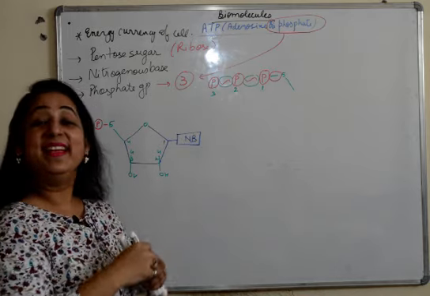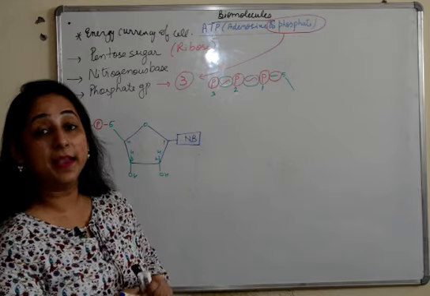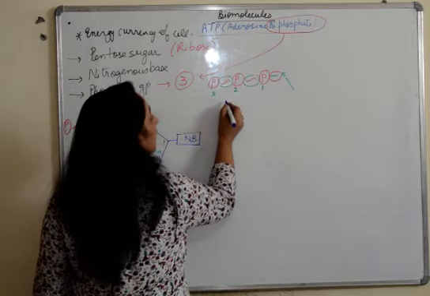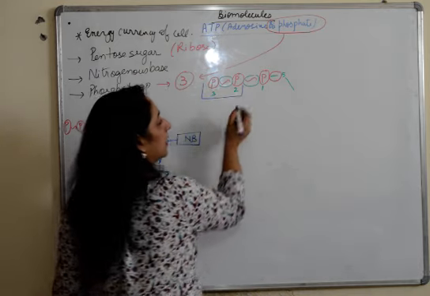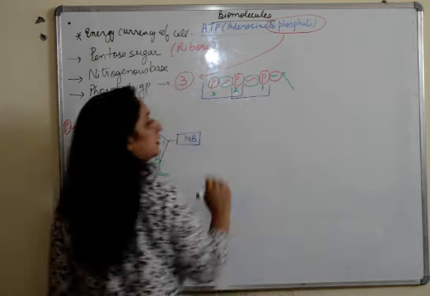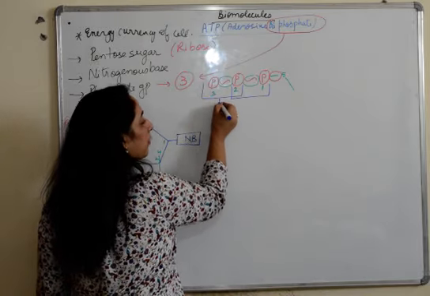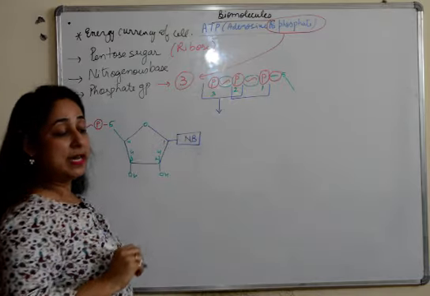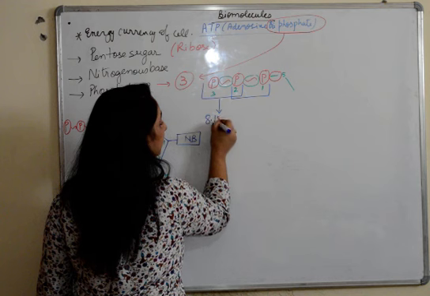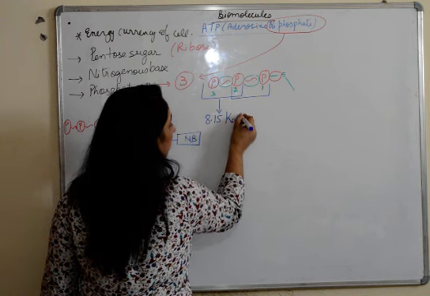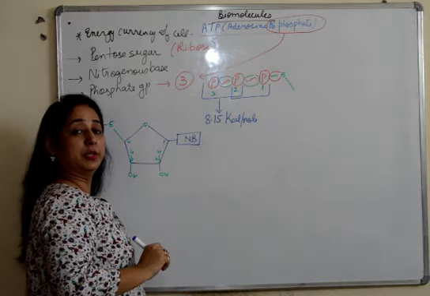Fine. So when the energy is released, how is the energy released? When the energy is released, the bond between 3rd and 2nd phosphate and 2nd and 1st phosphate will break. When the bond between 2nd and 3rd phosphate breaks, it releases 8.15 kilocalorie per mole of energy per molecule.